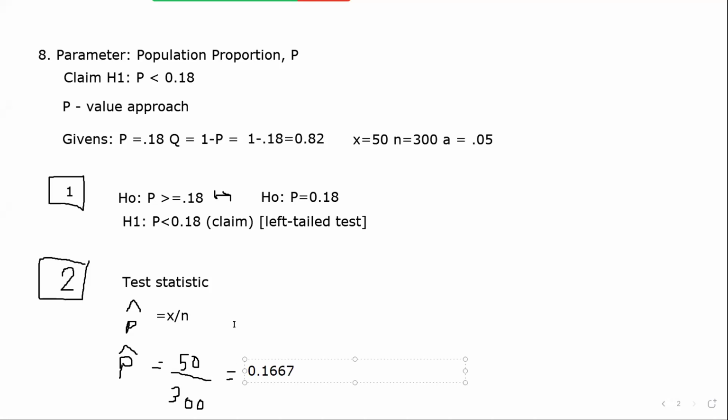Remember, this is not the test statistic. This is your sample proportion. Your test statistic is the one that goes Z is equal to p hat minus P, over the square root of PQ divided by N.